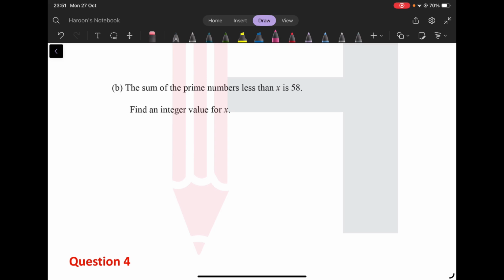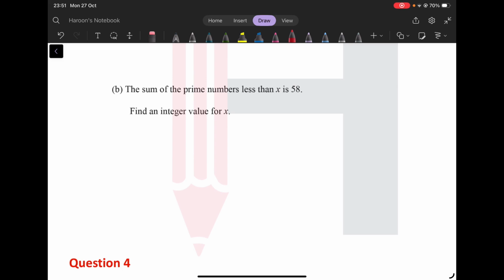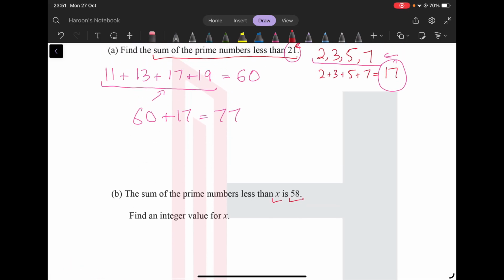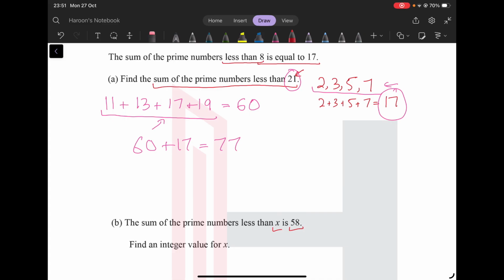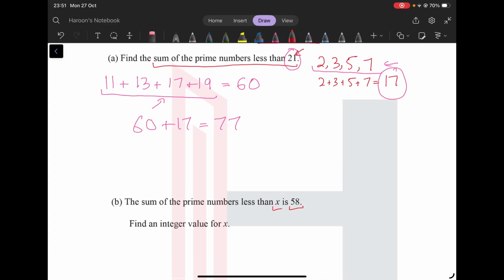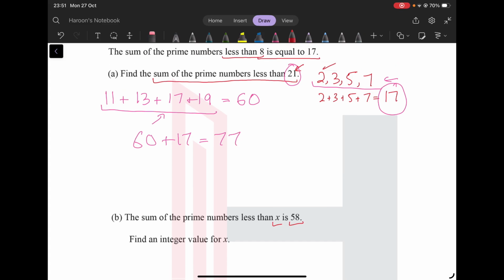Now in B part they are saying the sum of prime numbers less than x, we do not know this number x, is 58. Find the integer value of x. So less than a certain number. So I'll keep on adding these numbers starting from 2, of course. This is the smallest prime number.